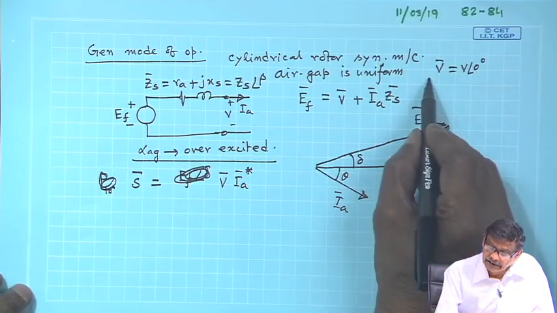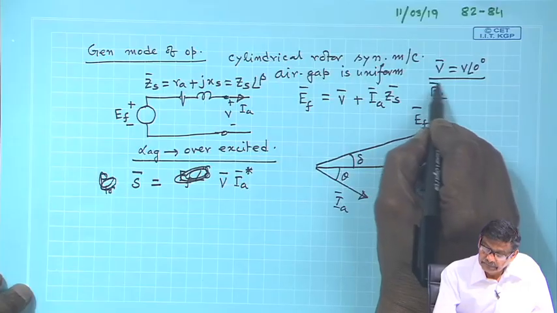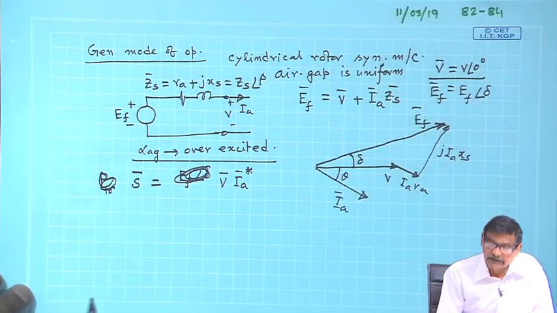Since V is V angle 0, E f can be written as E f angle delta, where delta is a positive number.